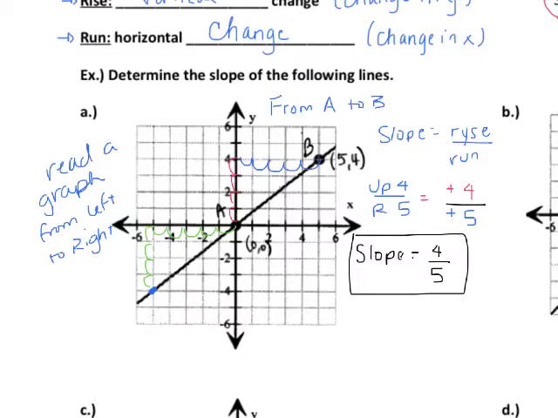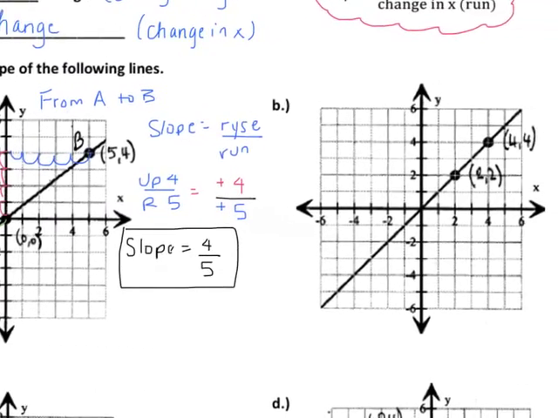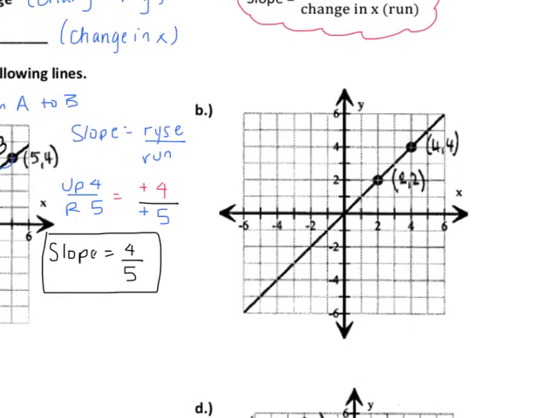So I know that I've got my slope correct. Okay, let's look at the next one, letter B. I want you to try this one. Pause your video. Try your rise and your run and see what you get.